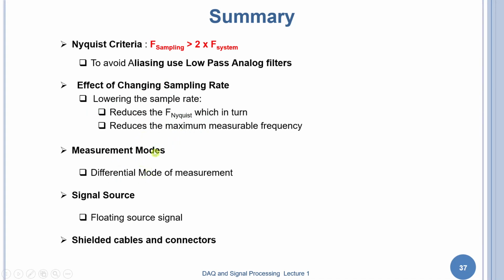For measurement modes, mostly use differential mode if available. Avoid using single ended mode. For a signal source, always go for a floating source rather than a grounded source. Always use shielded cables and connectors to avoid EMIs.